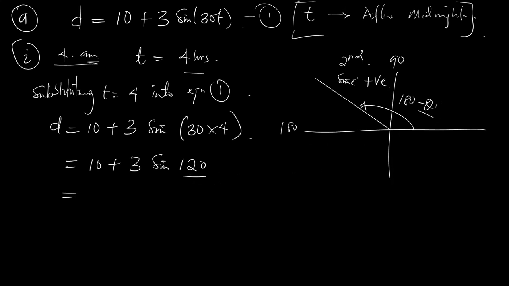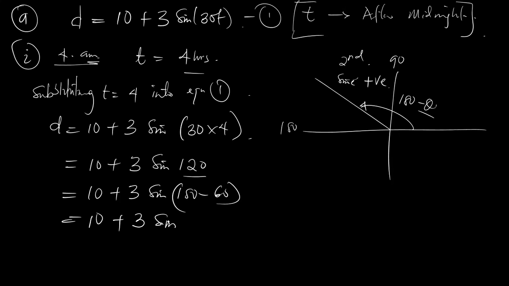So what is the angle that when you subtract from 180 gives you 120? That angle is 60. So you have 10 plus 3 sine of 180 minus 60. Since sine is positive, this is 10 plus 3 sine 60.